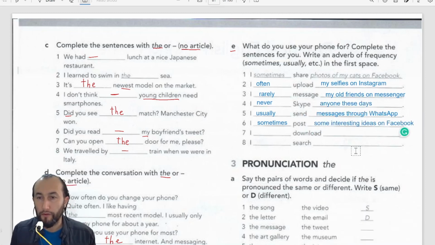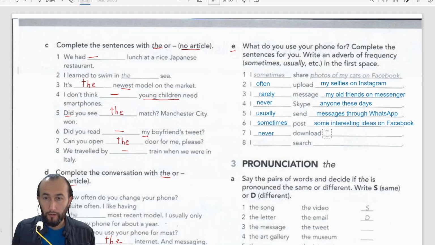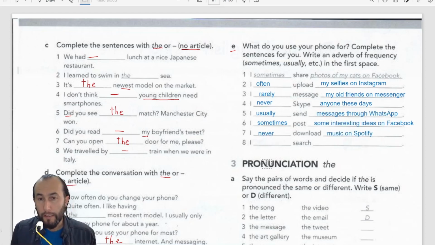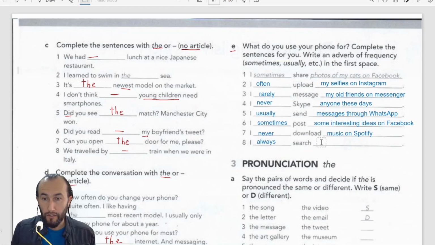Number seven, I never download music on Spotify, the music website. Number eight, I always search on Google.